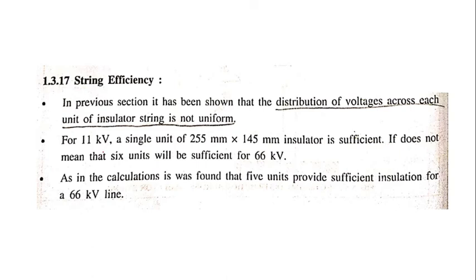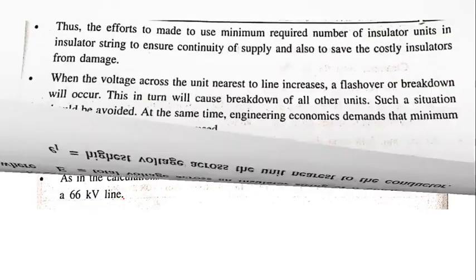It does not mean that 6 units will be sufficient for 66 kV, because the voltage distribution between each unit is different. In the calculation it was found that 5 units provide sufficient insulation for 66 kV only. So let's study this in detail.